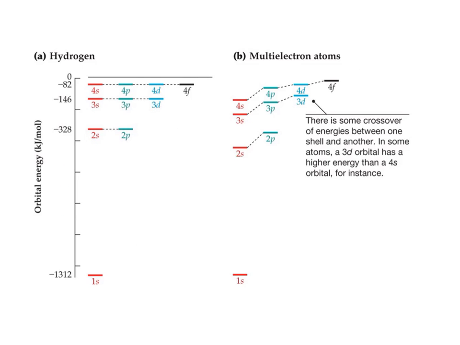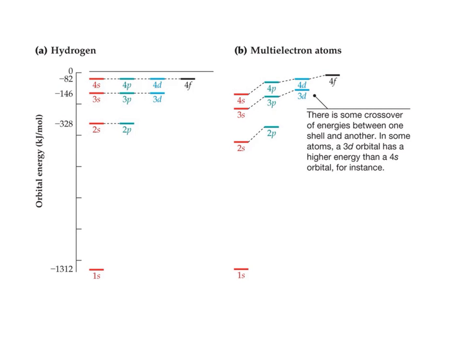Let's look at a corrected version of our orbital diagram over here. If we look at the first energy level, we only have the s, so we can't really talk about energy differences in sublevels there. But if we look at the second energy level, we can see that the 2s sublevel has less energy than the 2p.